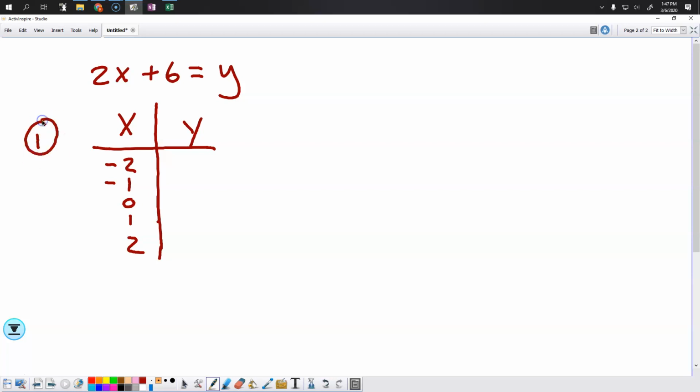I want you to complete the table. Then I want you to graph your function by plotting the dots and connecting them, okay? And then I'm going to give you another one to do. This may seem stupid, but bear with me. There's a reason for it.